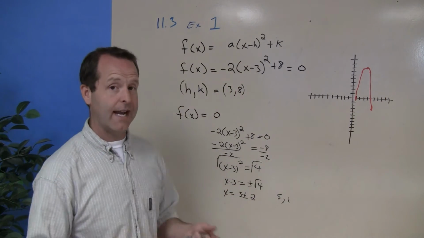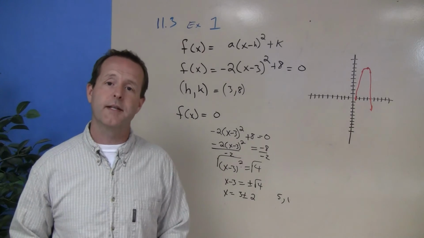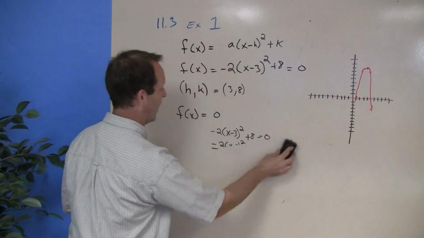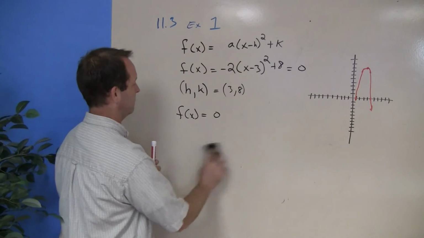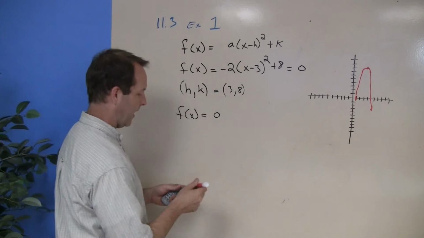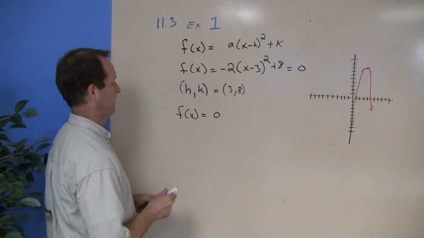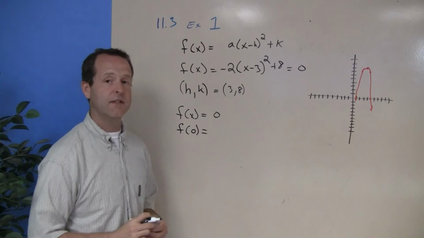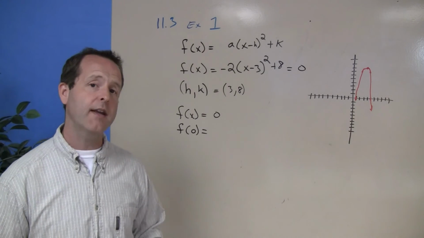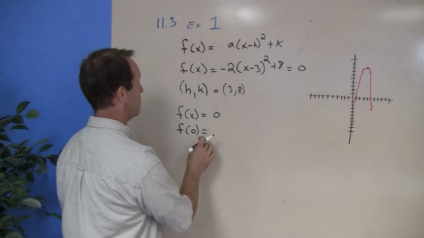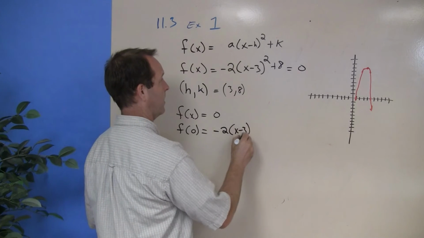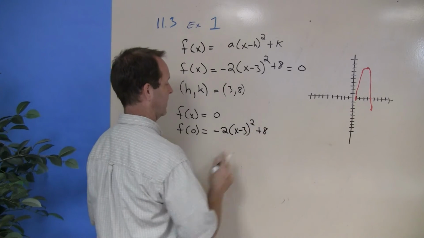One of the last things that I can determine on this graph is, where does it intercept the y-axis? In order to do that, I want to find f of 0. What's the function evaluated at 0? So let's write down the function, -2(x minus 3) squared plus 8.